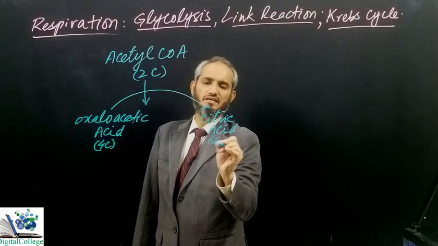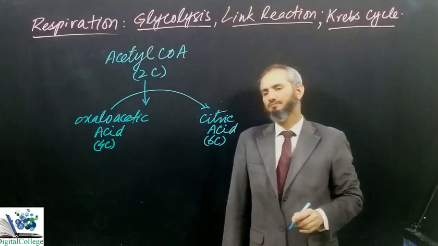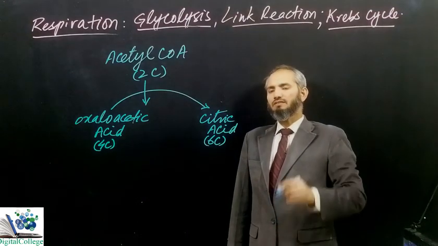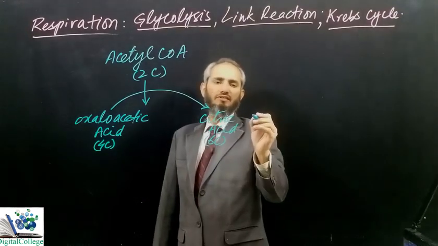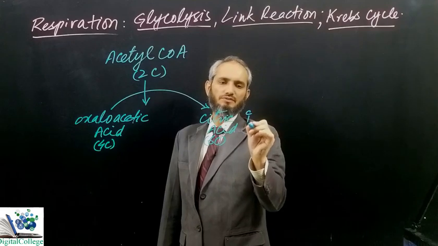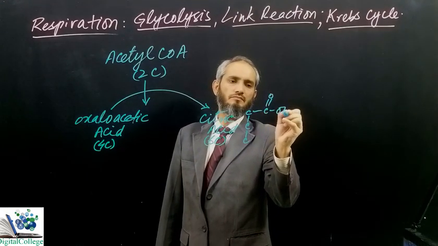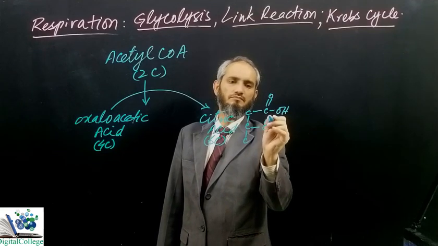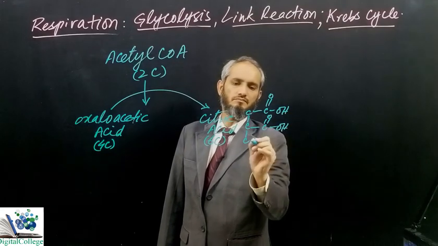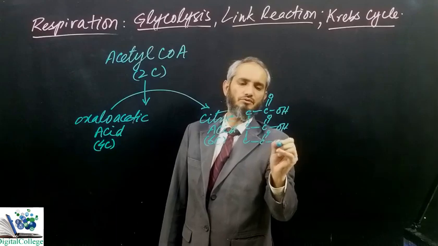Citric acid is a 6-carbon compound. This citric acid is having 3 carboxylic groups, C double bonded O, OH.